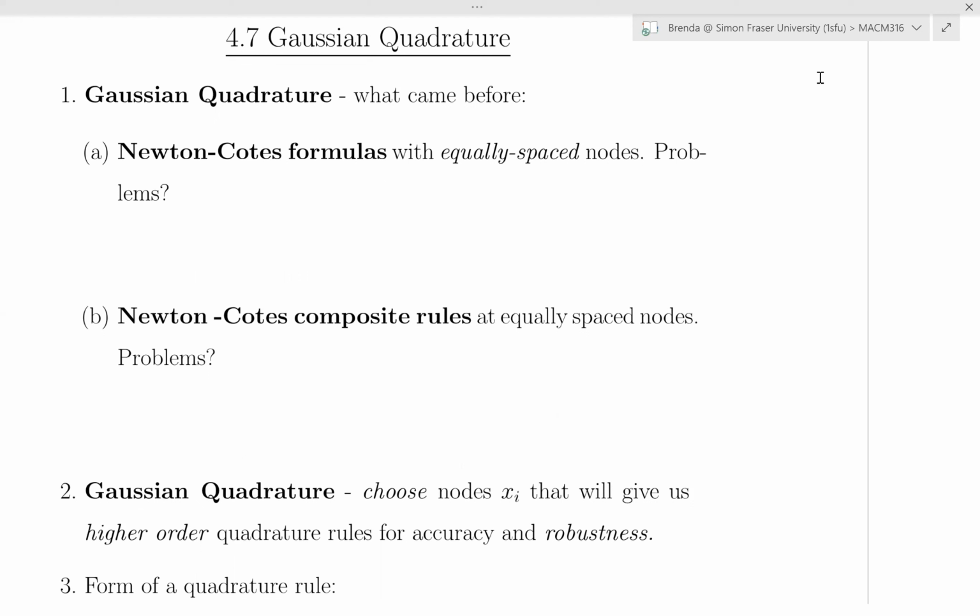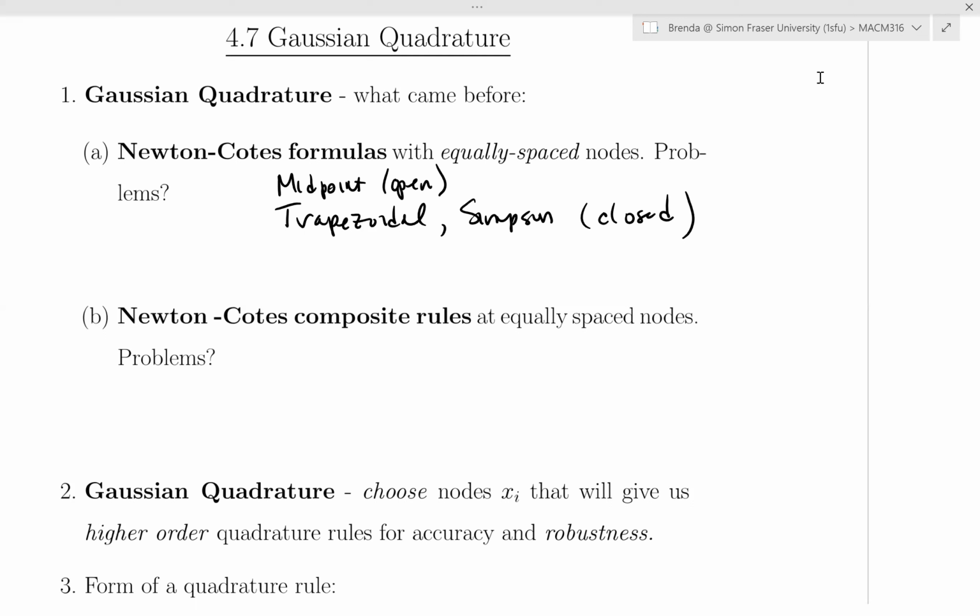Those were with equally spaced nodes. Those ones were the open one, which was the midpoint. That was an open Newton-Cotes formula because we didn't use the endpoints, we just used the midpoint. And then the closed ones that we've seen, the trapezoidal version and Simpson. Okay, we've just been talking about that. Those are the closed Newton-Cotes.